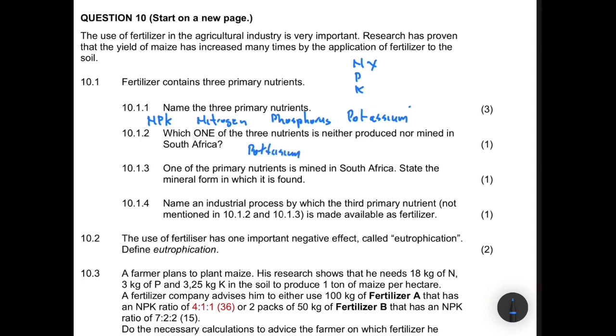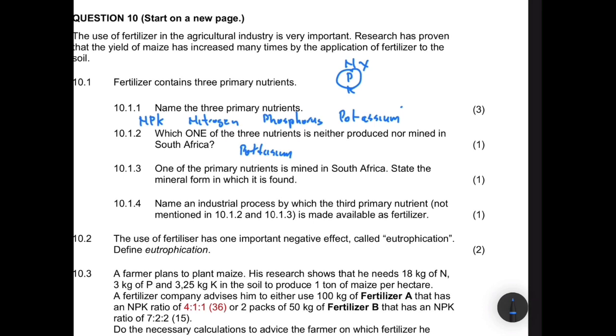And then 10.1.3 says one of the primary nutrients is mined in South Africa. State the mineral form in which it is found. We have already stated that phosphorus is mined in South Africa, in Phalaborwa, right? The mineral form in which it is mined, we find it in the form of phosphate, right?